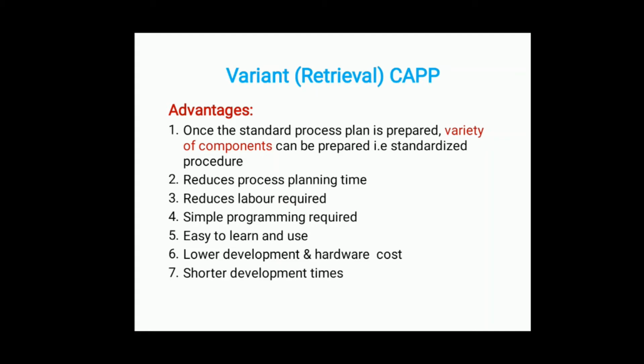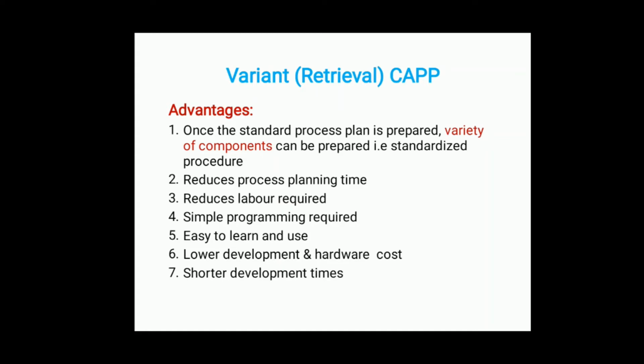A standard process plan means information regarding the part, material, process plan, sequence, and after manufacturing that part, that information we also maintain in that plan file, and we can use that standard process plan afterwards. When we have to create a new part which is similar to this part, at that time we can take that process plan, do some modification, and get a new variety of components. That is also a best advantage.